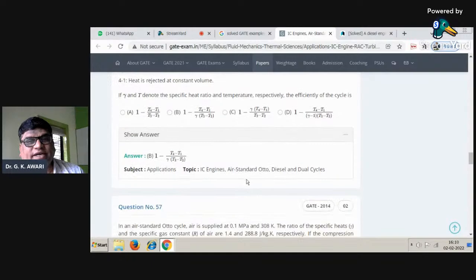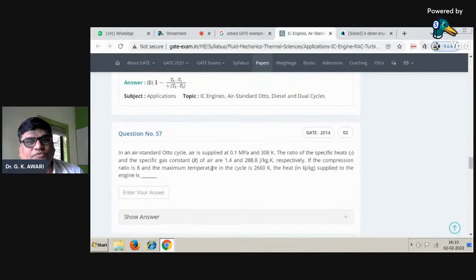So what is your correct answer? That is 1 minus (T4 minus T1) divided by gamma into (T3 minus T2).